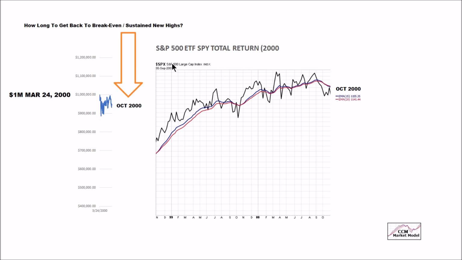How long did it take an SPY buy and hold investor to get back to break even, or more importantly, sustained new highs, where we moved back to $1 million and then moved away from $1 million and never dropped below $1 million? So in this case, we're assuming that we ignored this signal here and held.